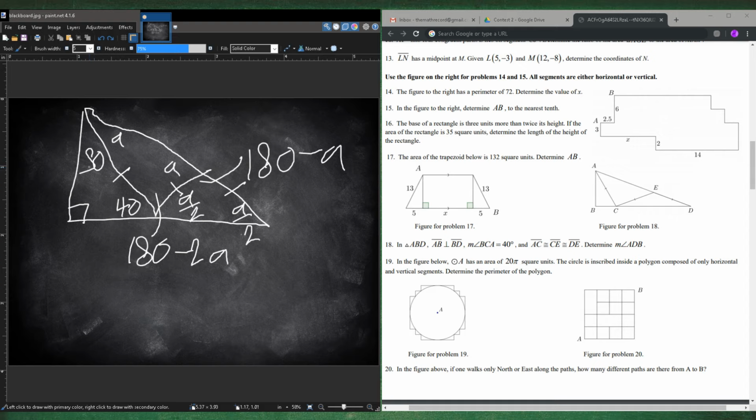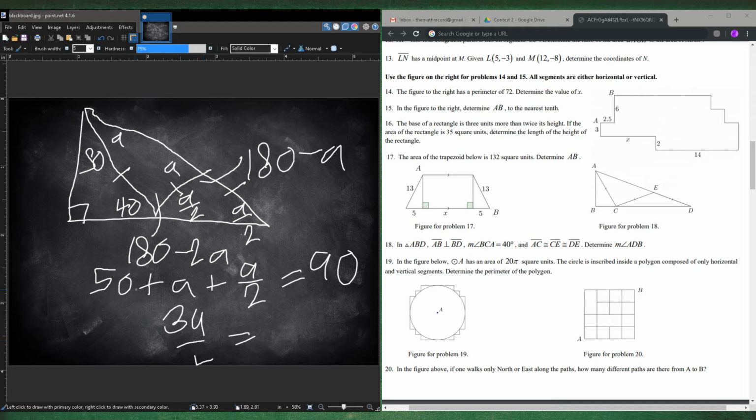So that is 50 plus A, plus the other side, which is A over 2, has to equal 90 degrees. So A plus A over 2 is 3A over 2, and 90 minus 50 is 40. So A has to be equal to 80 divided by 3.